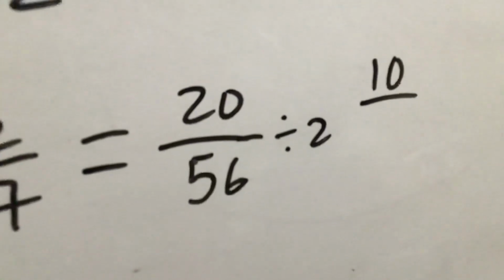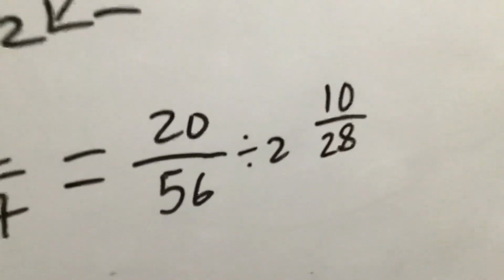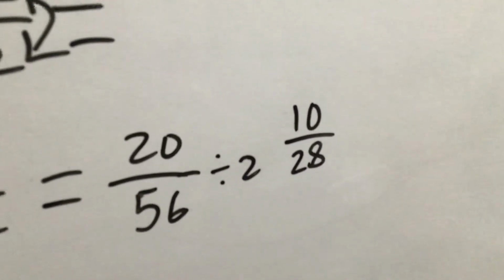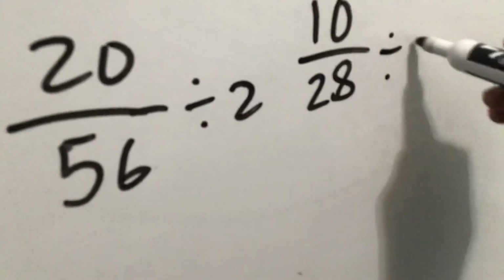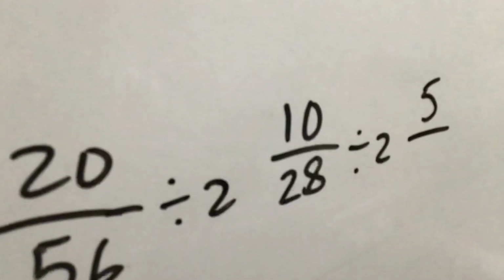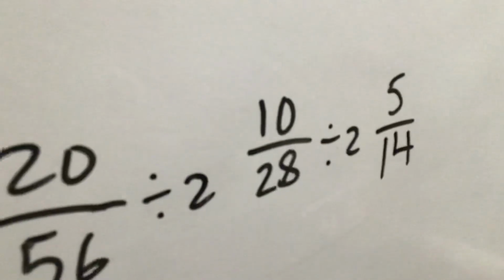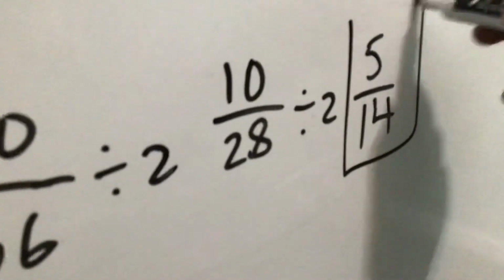Well, half of 56 is 28. Now again, they're both even, so you know that 2 will go into both of them. So 2 goes into 10 5 times, and 2 goes into 28 14 times. And now 5/14 we cannot simplify anymore, so that's our answer.